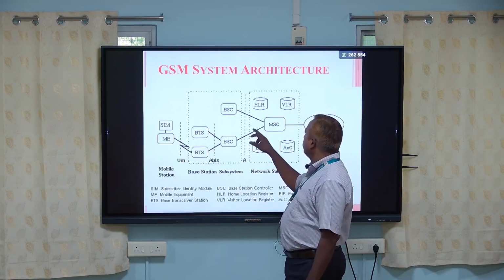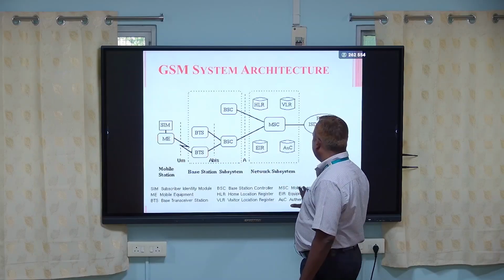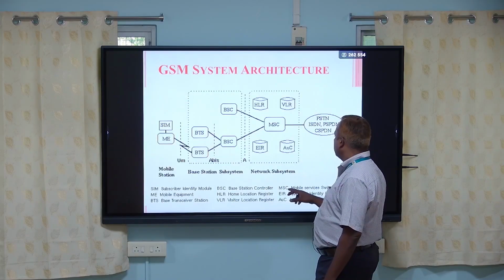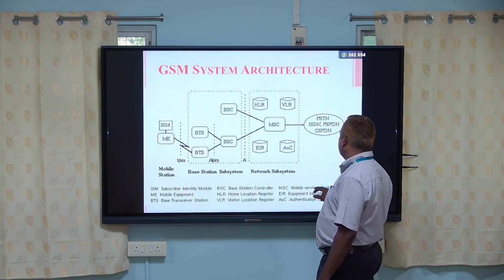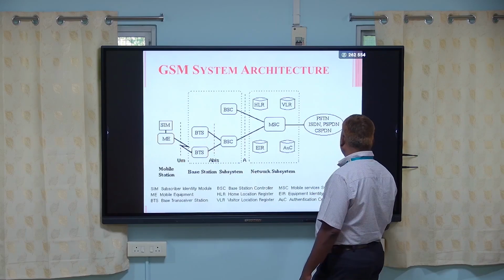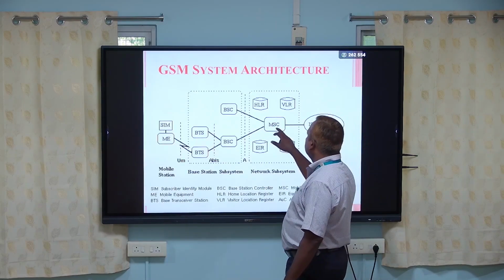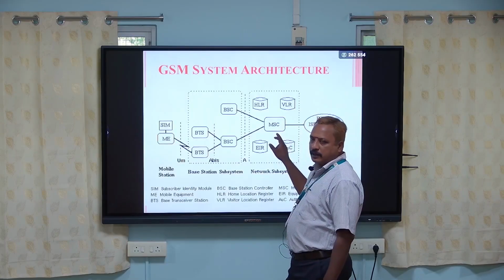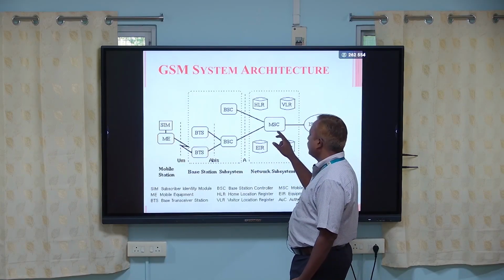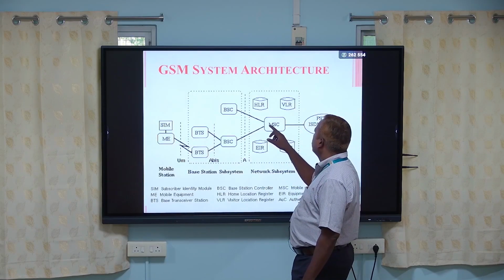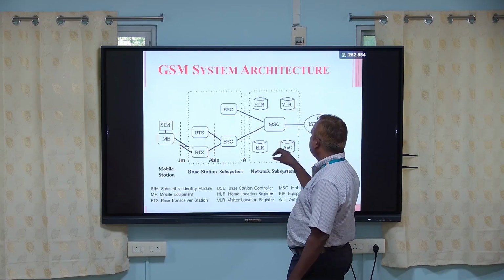The next one is the network subsystem. In this subsystem, the heart of the GSM architecture is the MSC, the mobile services switching center. The MSC controls everything. This is what we call the mobile service provider now, Jio, Airtel, like that. And then there are the registers.